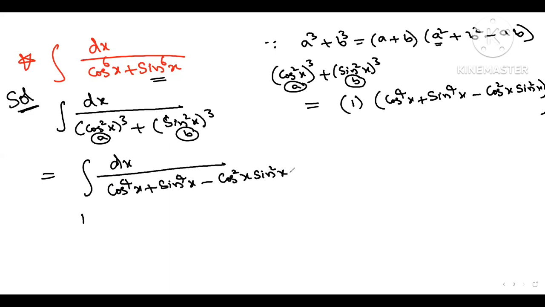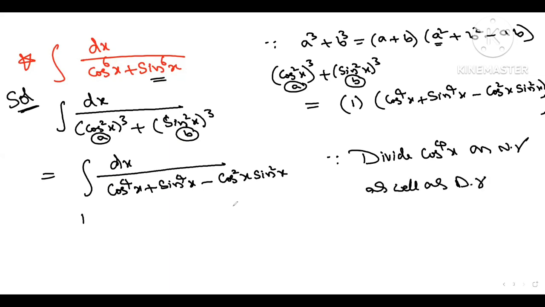Okay, for this kind of problem, we should divide by cos to the power 4x or sin to the power 4x on the numerator as well as the denominator. Divide by cos to the power 4x on the numerator as well as the denominator. So what we get here?